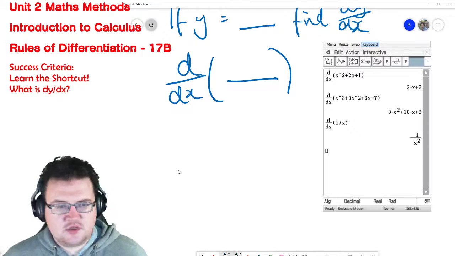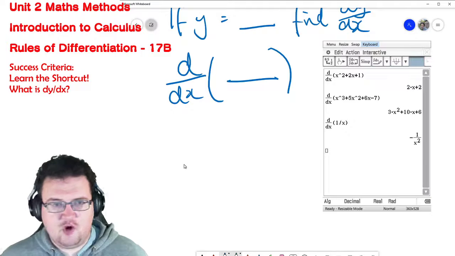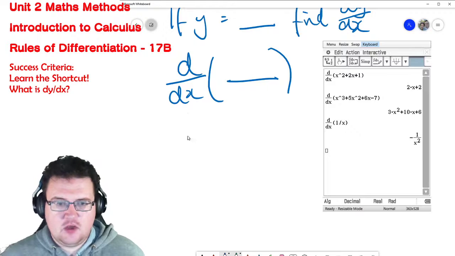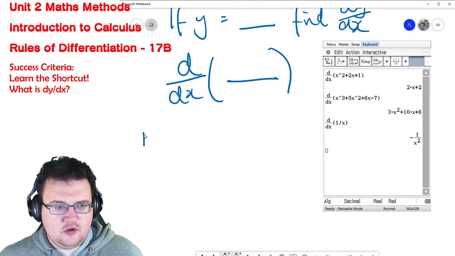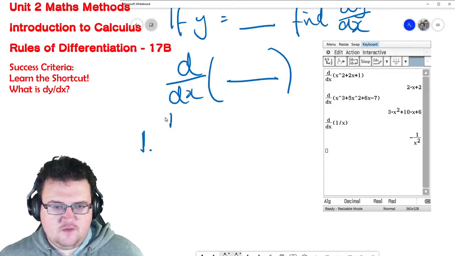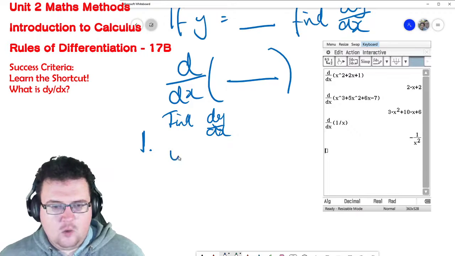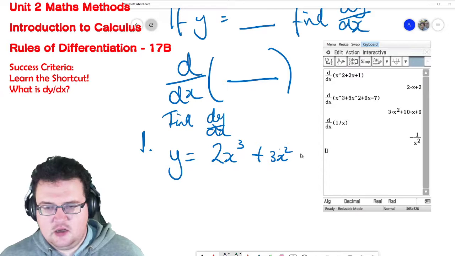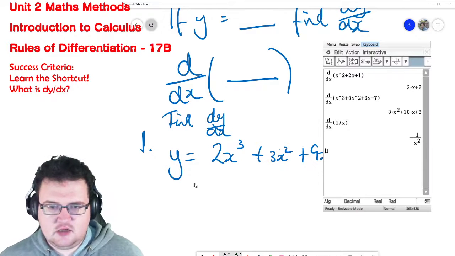So what I'm going to do is give you a couple of extra ones to do right now, and then you can move on to 17B out of the textbook. So the questions I want you to do, this is all find dy dx. Question 1, y equals 2x cubed plus 3x squared plus 9x.